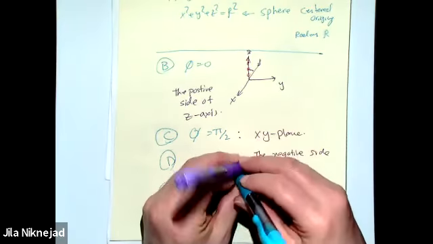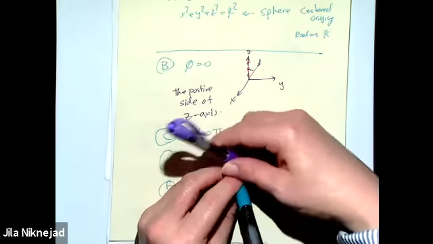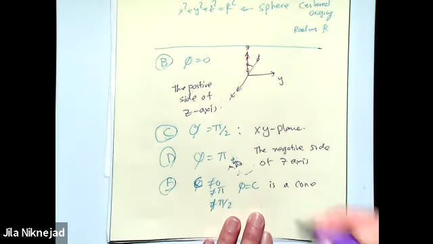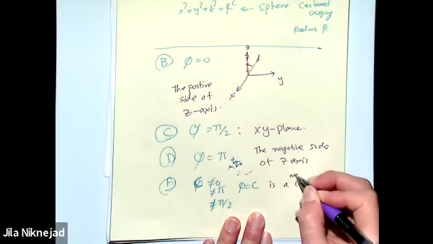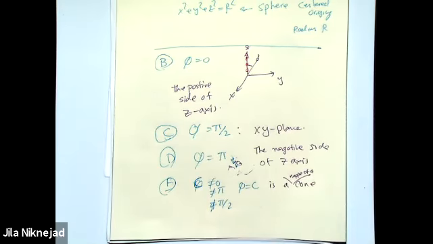So if you go about the z-axis with C angle, you make a cone. It's a map of a cone. Questions?